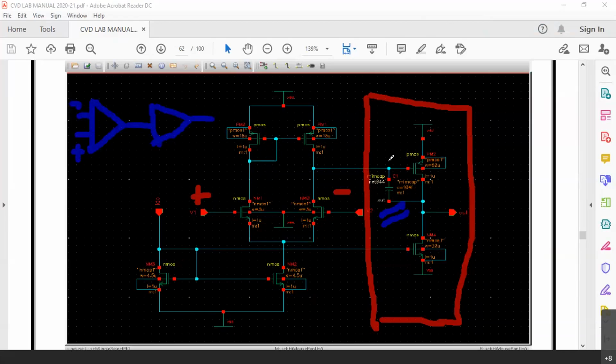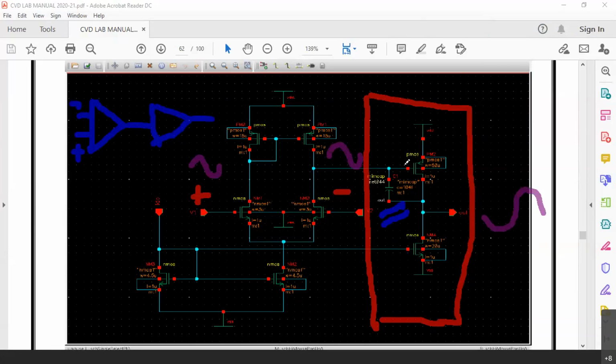Now you know that in a common source amplifier, let us say we give input here. Let me change the color. Let us say we are using the non-inverting input itself, and let us say the output here is also in the same phase. Now this common source amplifier is going to give a 180-degree phase shift.